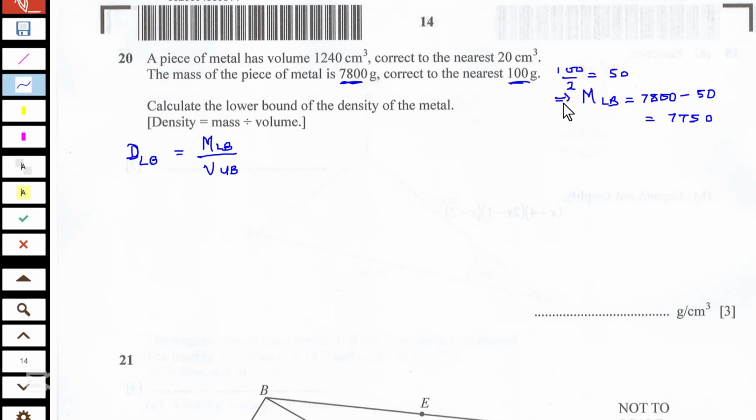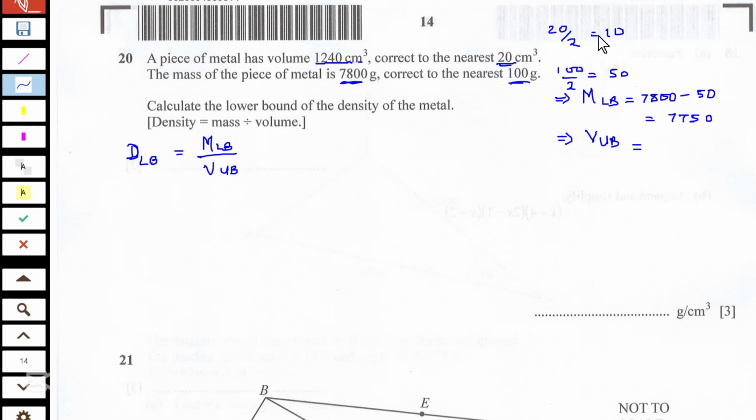Now, that's for the mass. Now, the upper bound of the volume, V, upper bound. The volume is 1,240 centimeter cube with a degree of accuracy of 20 centimeter cube. So we can find half of the degree of accuracy, which is 20 over 2, and that's 10. So plus or minus 10. If you're finding the upper bound, you have to add 10.